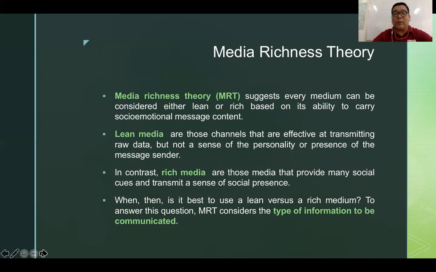Media richness theory suggests every medium can be considered either lean or rich based on its quality to carry socio-emotional message content. So when we talk about lean media, these are channels that are effective at transmitting raw data, but not a sense of the personality or presence of the message sender. For example, when you need a certain data, you would ask a colleague or a workmate, can you please send me an Excel file on this?